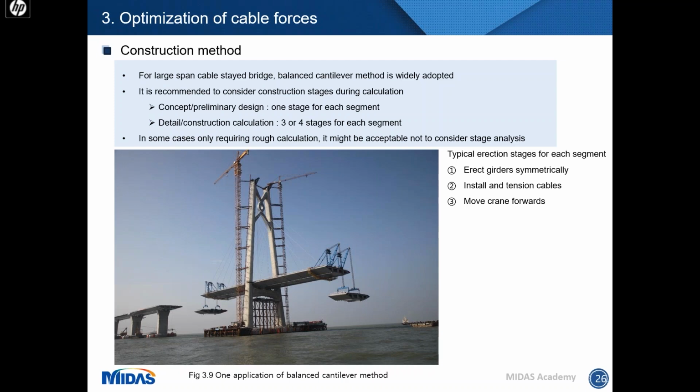However, if the calculation is only for concept or preliminary, we can use only one stage for each segment. If it is for detail and construction, we need more stages, such as 3 or 4 stages for each segment. Of course, if you only require a rough calculation, it might be acceptable to not consider stage analysis.